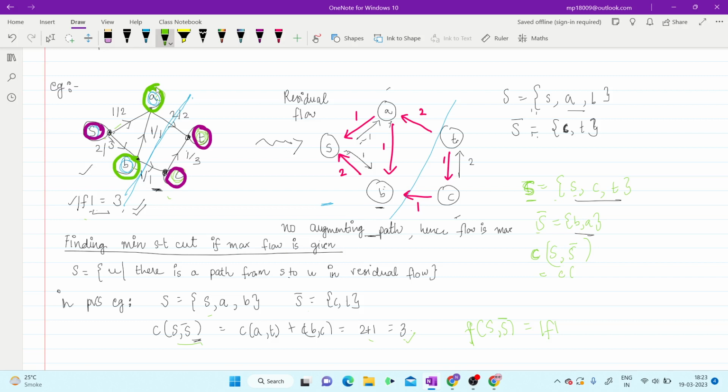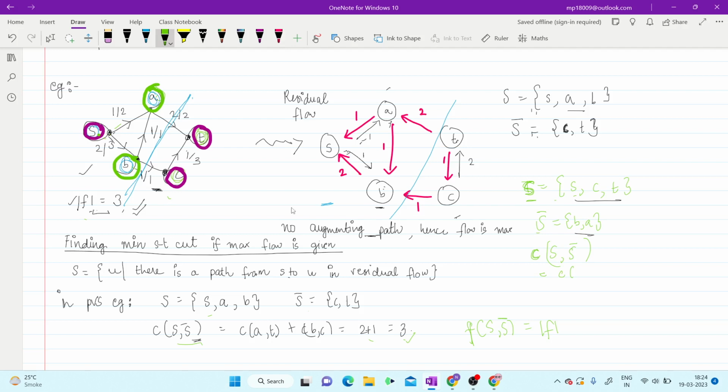A cut is basically partitioning your set of vertices into two sets. There's no condition that if I'm taking S, C, T in one partition, there should be some edge within. I'm taking a cut where in the first partition only the source vertex is there, and in S bar the other four vertices are there.